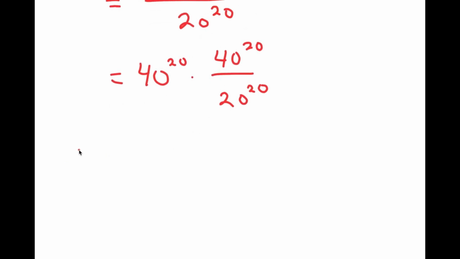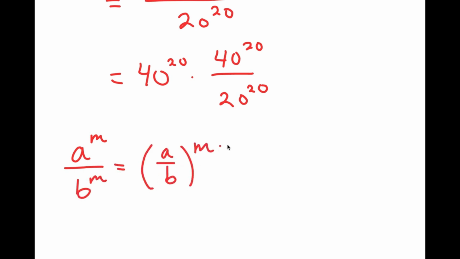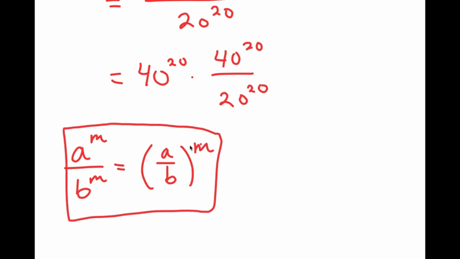And if I have something in the form a to the power of m over b to the power of m, this is equal to a over b to the power of m. So in this case, I have 40 to the power of 20 over 20 to the power of 20.